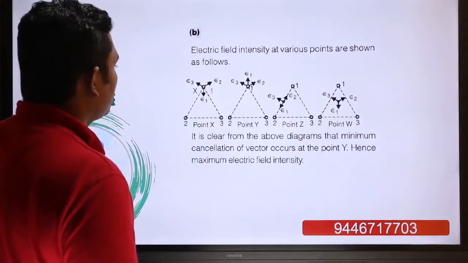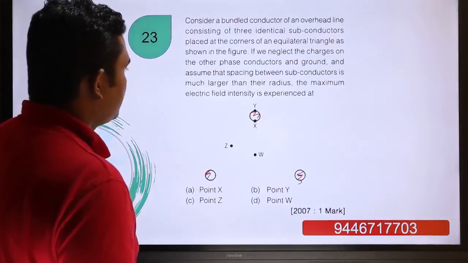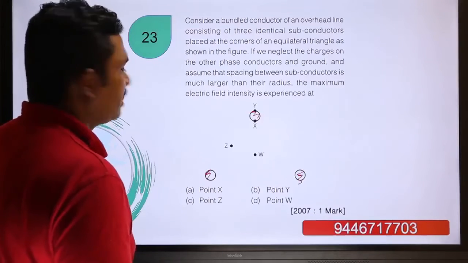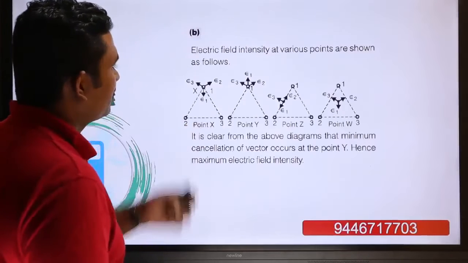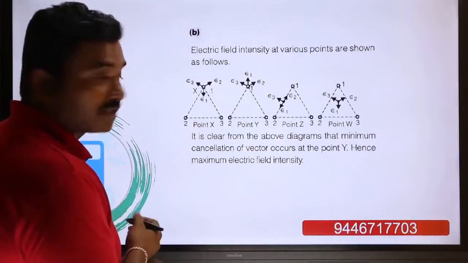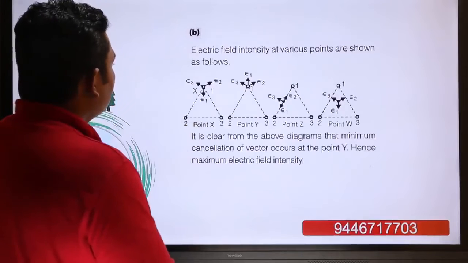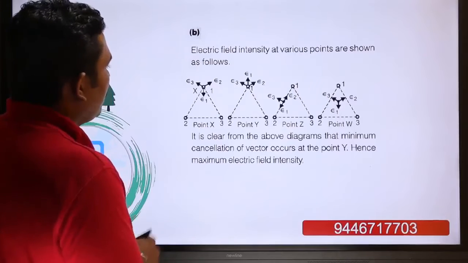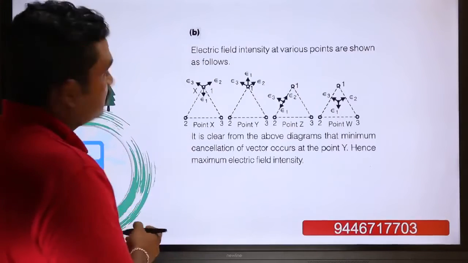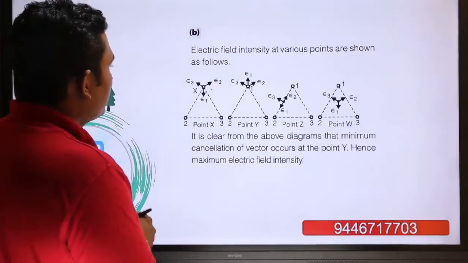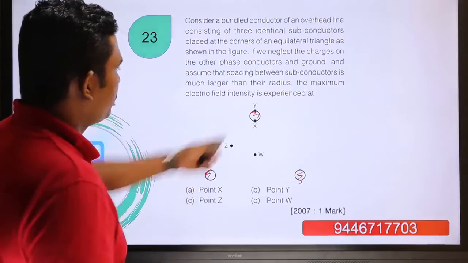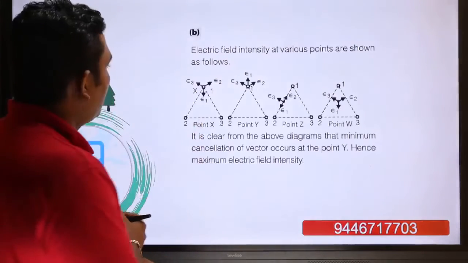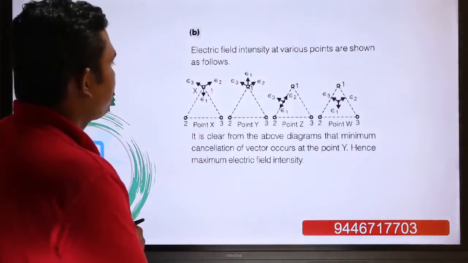So we are having points at x, y, z and w. So 4 points are there. Y is there, x is there, z is there, w is there. So we are going to draw the corresponding diagrams of electric field intensity. If we are considering the point x, E1, E2 and E3 are balanced arrangements, and when you are considering point y, all the electric field intensities will be acting in the upward direction.